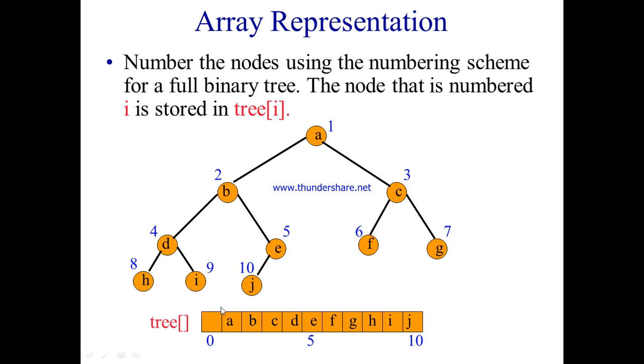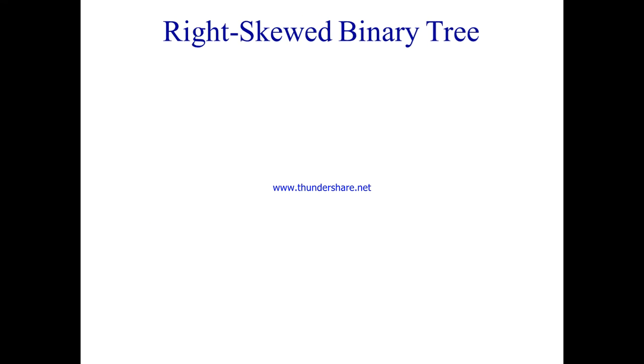And whatever the content we are storing here. So what is the node here? A, then B, C, D, E, F, G, H, I and J. So that will be from 1 to 10 and 0th will be vacant. Clear? So node number 1 is indicating what? The root node, right?